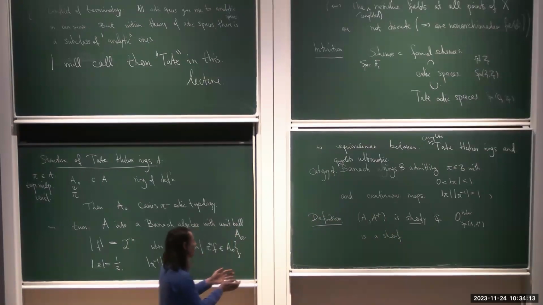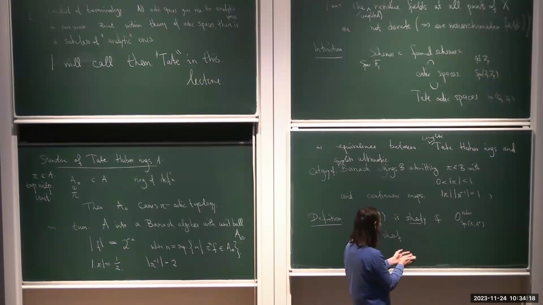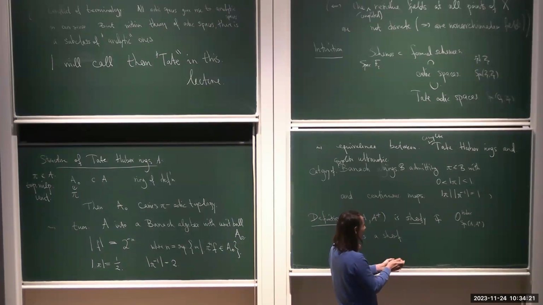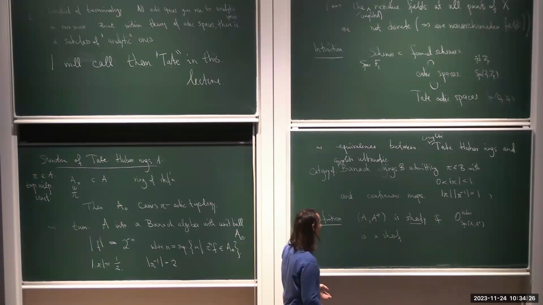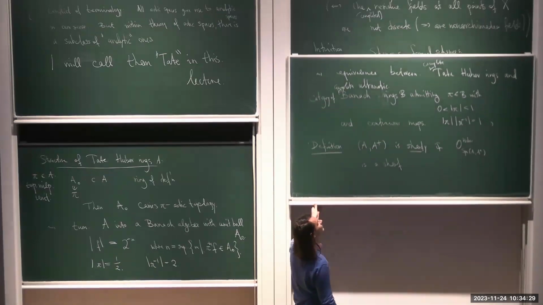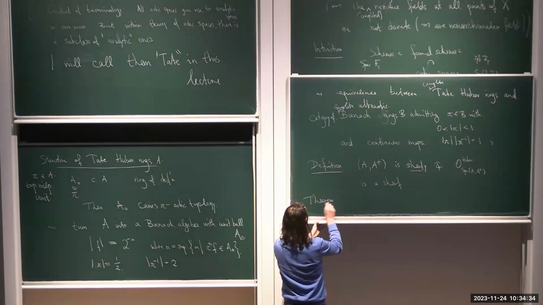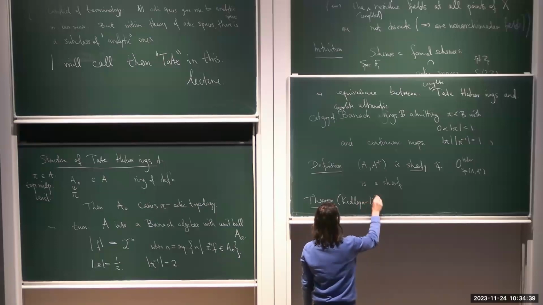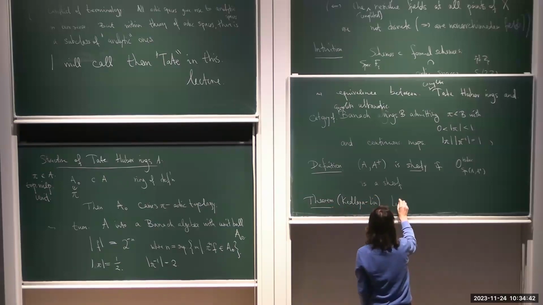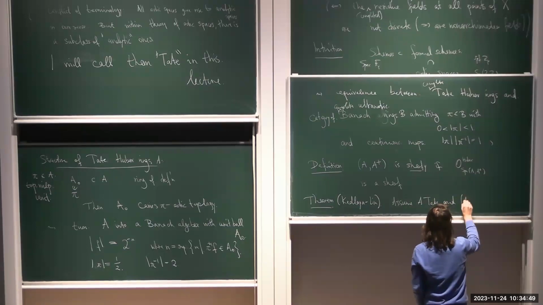Because if I'm only asking for the first thing that could break, that this is not a sheaf, there might be situations where just for a stupid reason this is a sheaf, and then why should other good things follow? But Kedlaya and Liu proved the following striking theorem. So assume A is Tate, and A plus is a ring of integral elements.